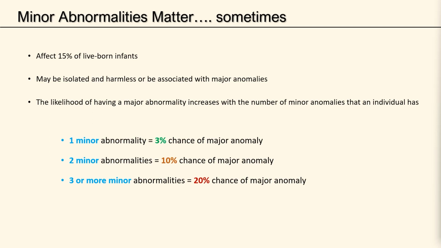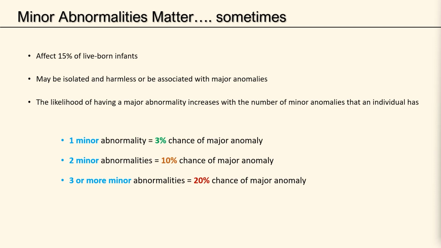Well, minor anomalies affect 15% of live-born infants, so this number is quite high. To convert this into a more representative figure, that's 3 in every 20 live births. On your obstetrics rotation, this could potentially mean that 1 or 2 live babies born every week in your care will have one of these minor anomalies.